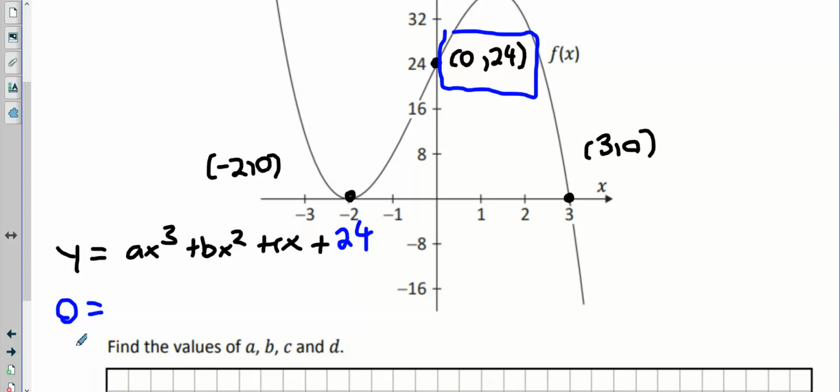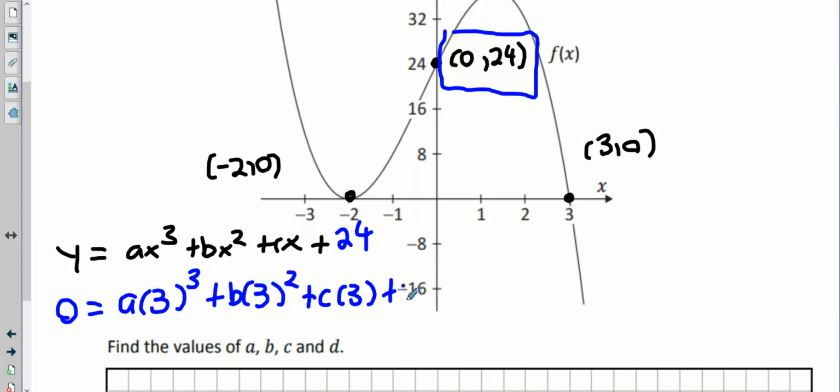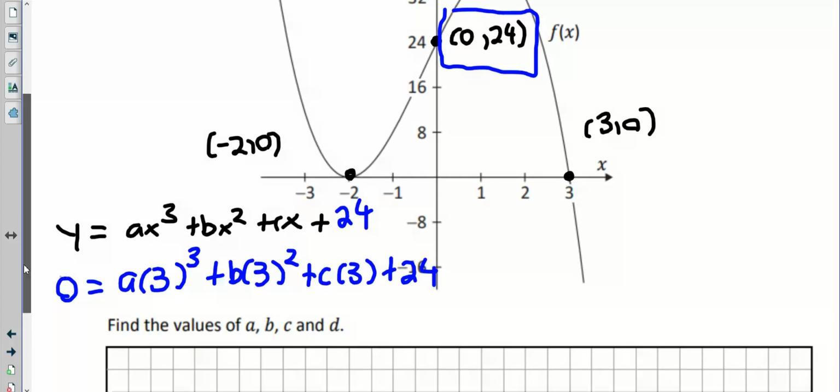Now, we could end up short a couple of variables, but we'll see what happens. I'm just going to try this out anyway, all right? So what do we have? A times 3 cubed, yeah? Plus b times 3 squared plus c times 3 plus 24. Is that right?